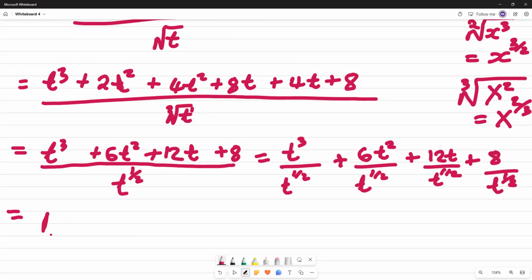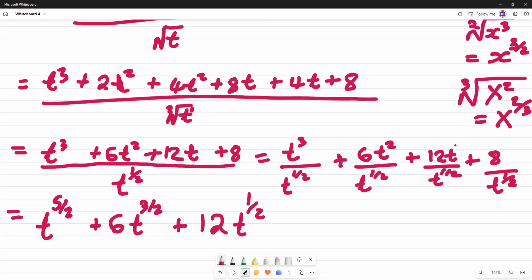Here I have t to the power 5 over 2, plus 6t squared, so it's 2 minus 0.5, which gives me 6t to the power of 3 over 2, plus 12t to the power half, because 1 minus half is half. Here we're going to have plus 8. Since there's nothing here, you can simply assume there's t to the power 0, which gives you 0 minus half, which is minus half.